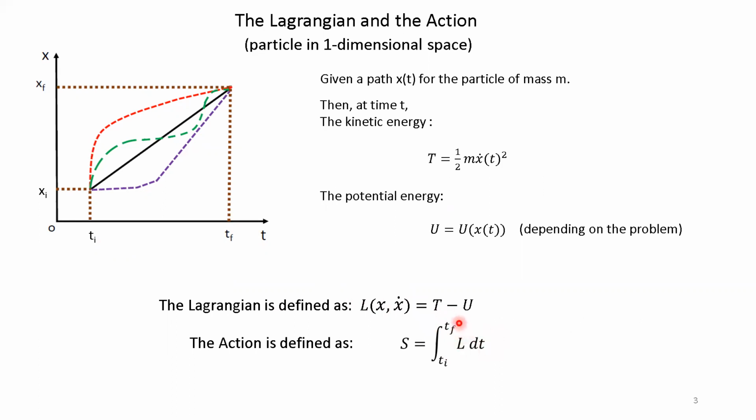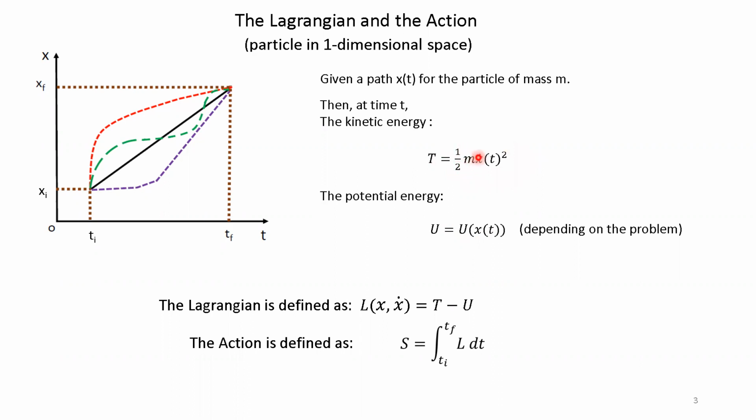Now you could imagine that, although we are not really calculating them, for different curves you will have different actions. Even though in this figure you cannot really tell the information of the potential energy, even in the simplest case you could just set U equals 0, so that you just have this kinetic energy term alone.